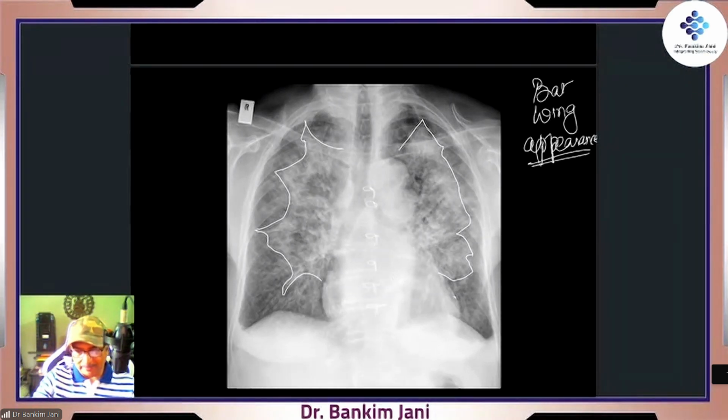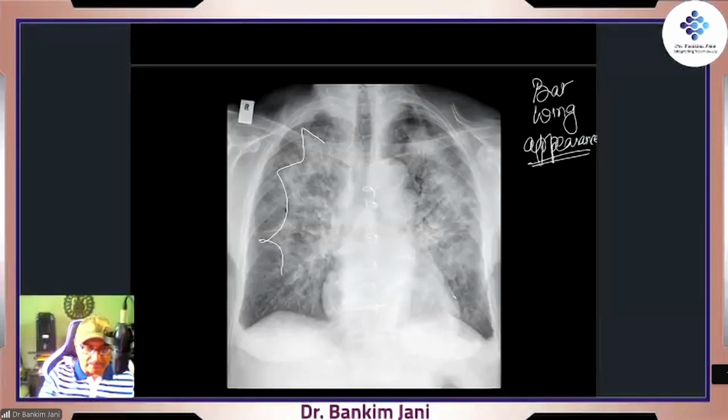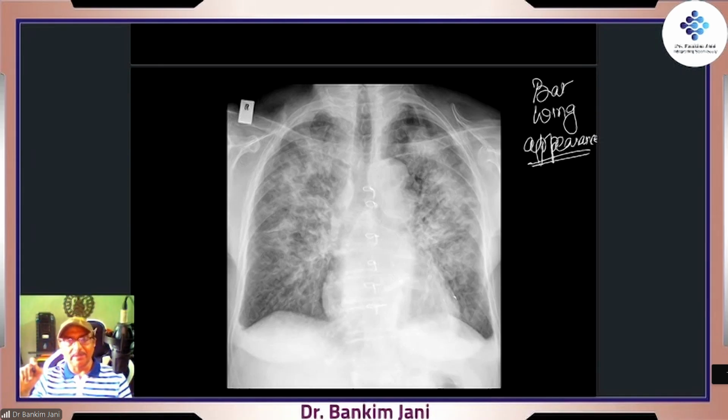Now I'll remove that and see it. These are the hilar shadows. From hilar, see, this is how. And you will appreciate that bronchovascular markings are normally seen till what level? How far?